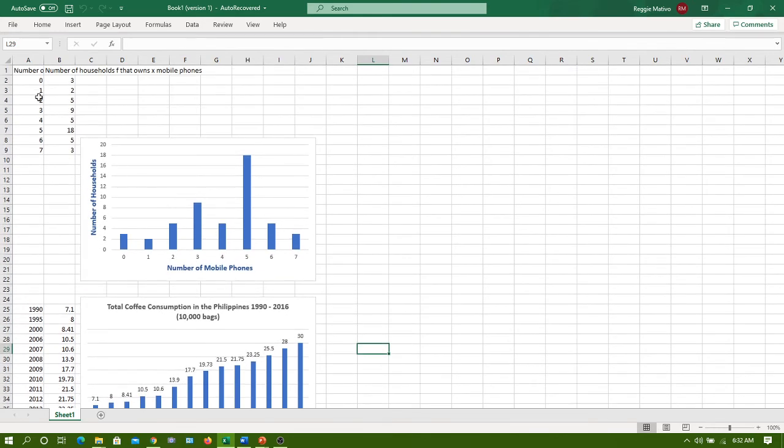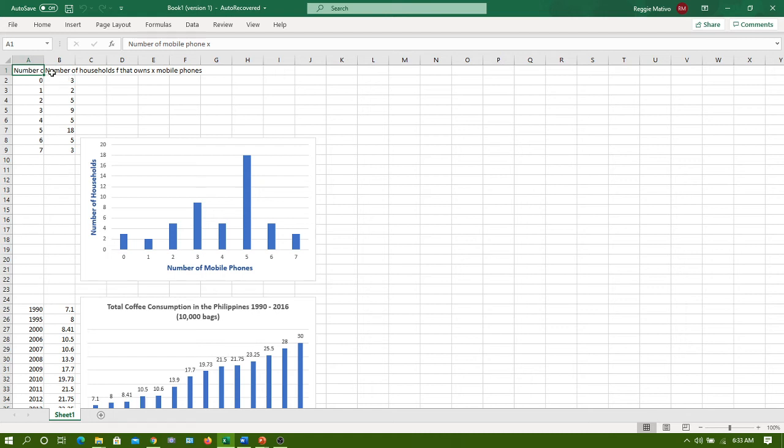From the number of cell phones that households have, 0 to 7, I just made two columns: the number of cell phones, the sample space, the available number of cell phones based on the data gathered, and the number of households that have that number of cell phones.